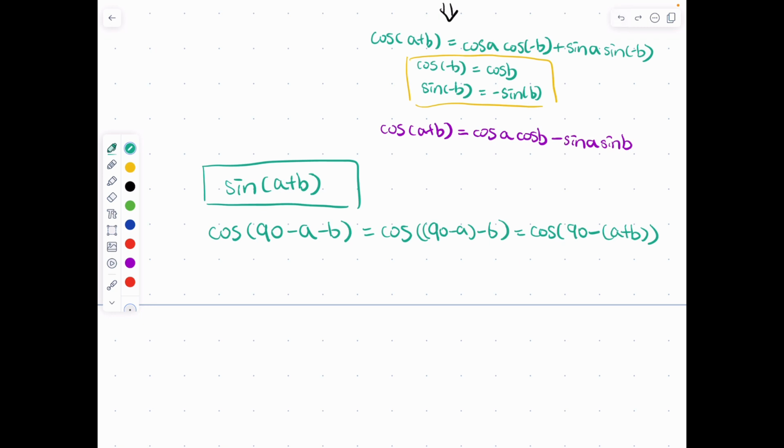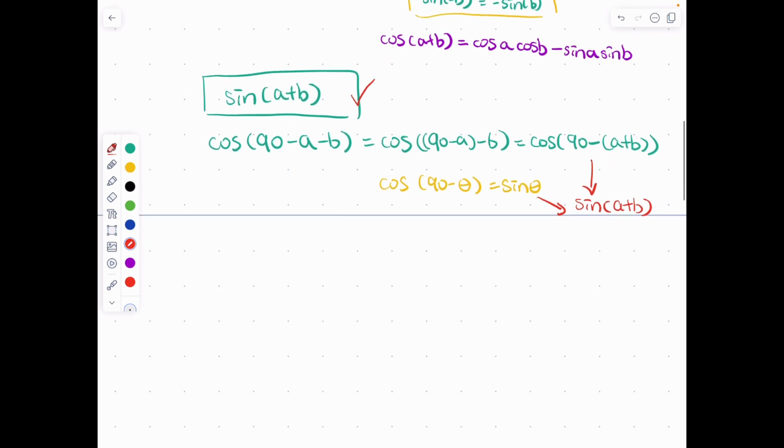But what is this equal to? Let's think about it for a minute. We know that cosine of 90 degrees minus theta is equal to sine of theta. So that is also, therefore, equal to sine of a plus b, which is what we're trying to figure out over here, right?